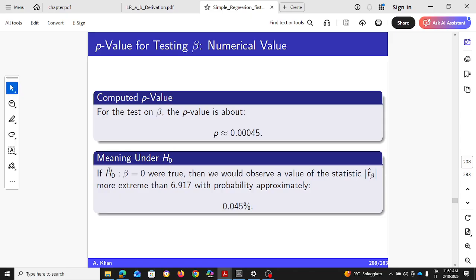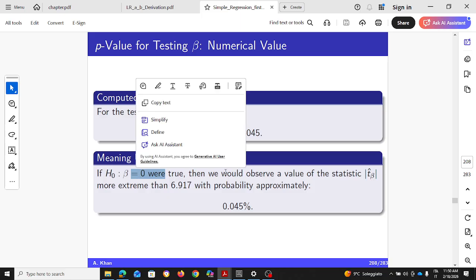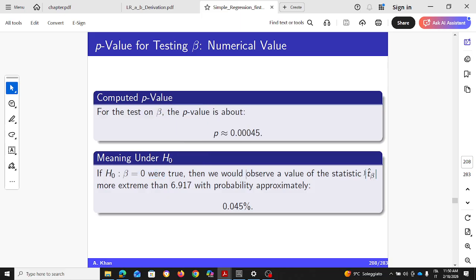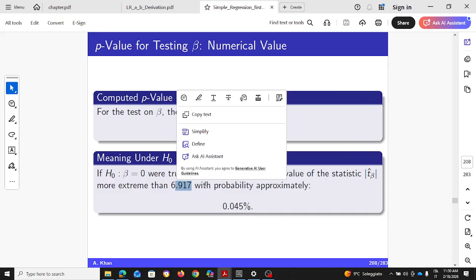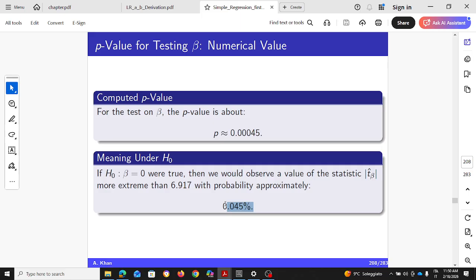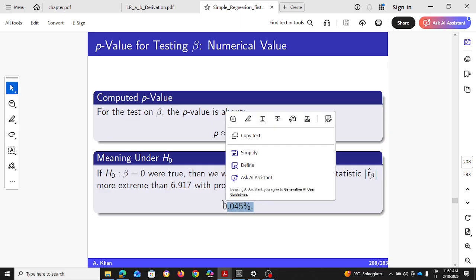This means that if the null hypothesis were true, meaning if beta is equal to 0, then we would observe this value of 6.9 with a probability of 0.04%, which is a very low probability.